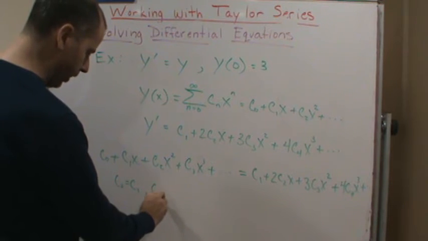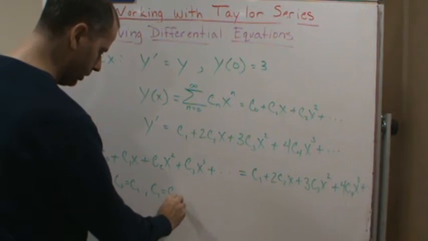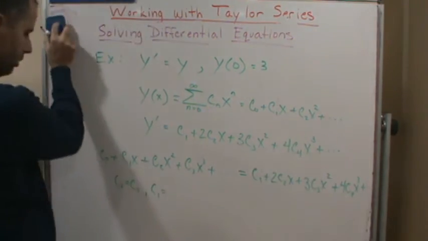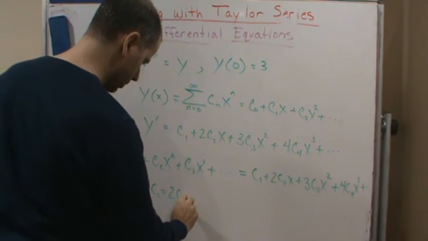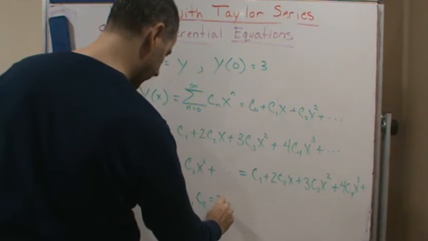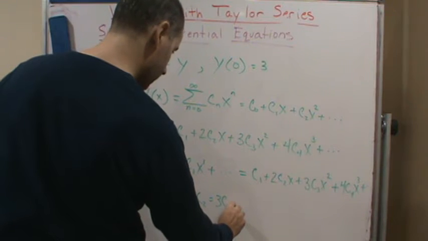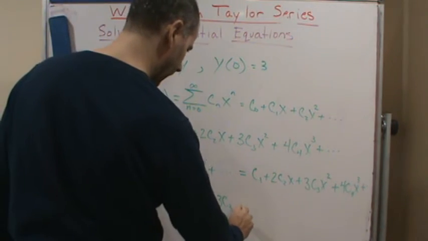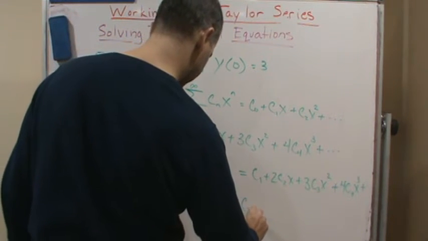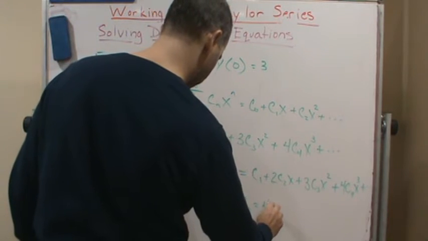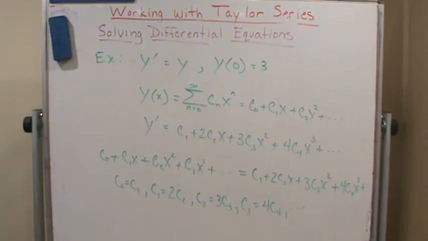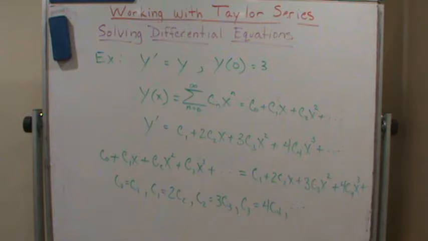But that also means that c1 must equal 2 c sub 2, and then c2 must equal 3 c sub 3. And so on. So c3 equals 4 c sub 4, and so on.